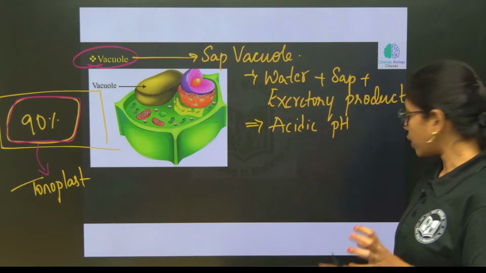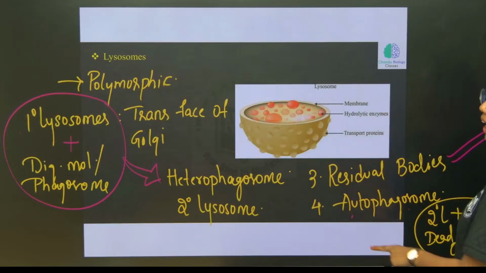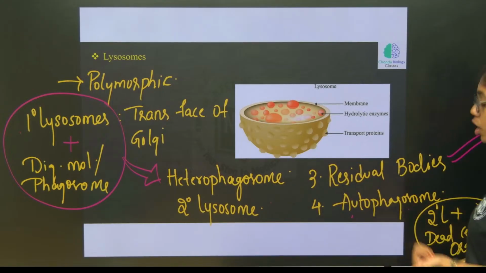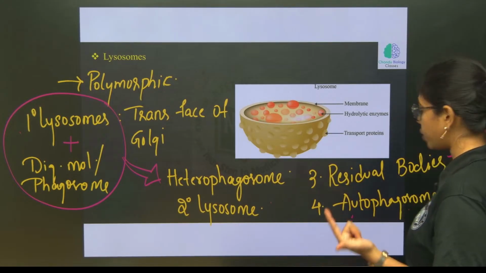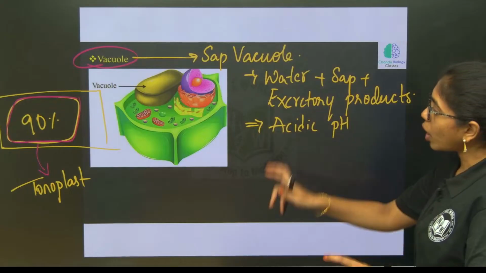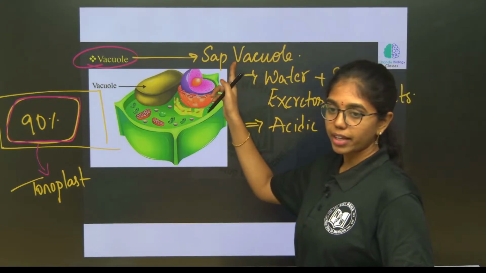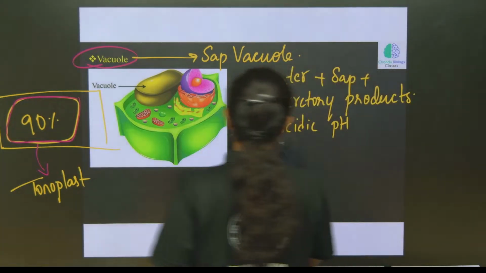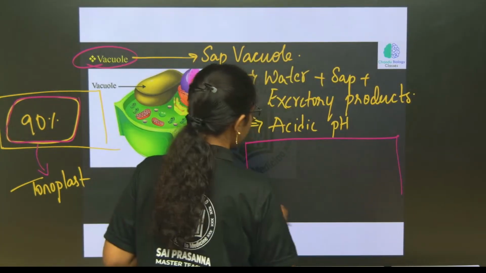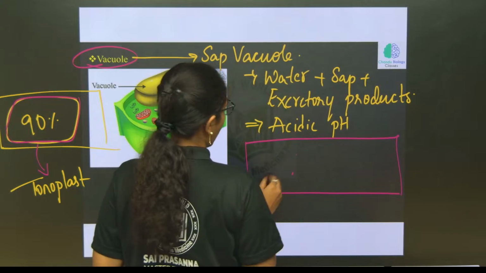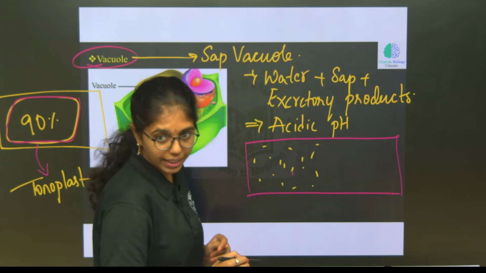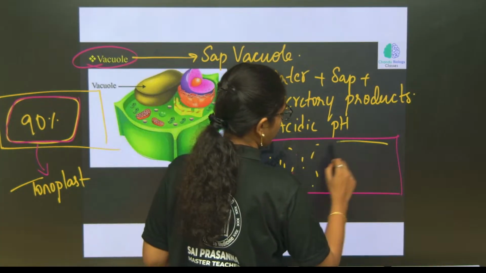So, those molecules which are digested by the lysosomes, be it undigested particles like residual bodies or the dead organelles, to deposit them into the sap vacuole, what transport is mediated? Important question. For example, this is the cytoplasm and these are the constituents which are formed after digestion by the lysosome.